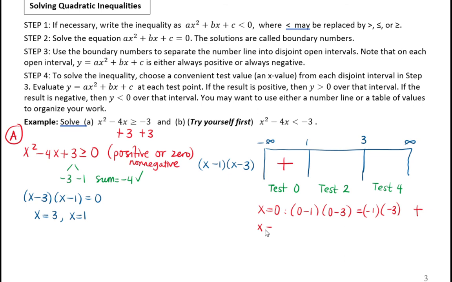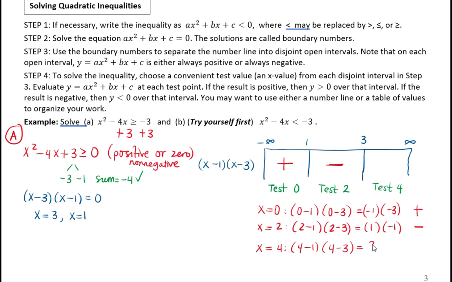Let's test x equals 2. In that case, I got 2 minus 1 times 2 minus 3. So that is 1 times negative 1. It is negative, so I put a negative here. And if I have x equals 4, that's going to be 4 minus 1 times 4 minus 3.